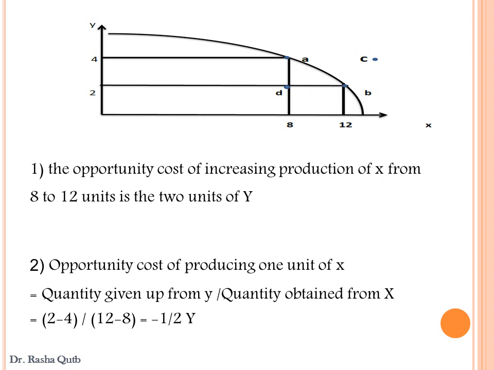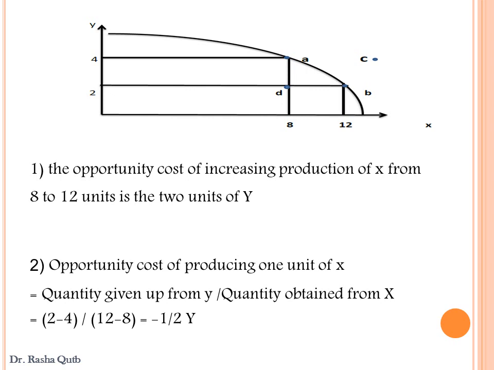So the opportunity cost of increasing the production of X from 8 to 12 units is the 2 units of Y that are given up in order to increase X by 4 units. Again, the opportunity cost of increasing the production of X by 4 units is the 2 units that we give up from Y in order to increase X.